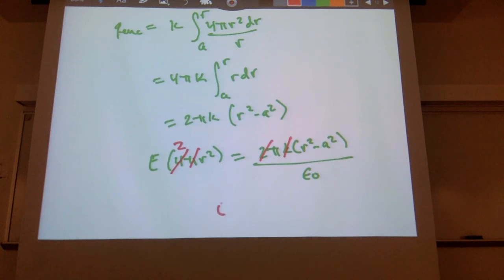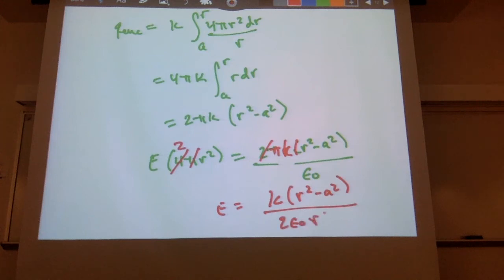So finally what we get is that the electric field then is equal to, I canceled the K instead of the pi. Okay, there you go. So this is going to be equal to what? K times r squared minus a squared divided by 2 epsilon naught r squared. So this is my electric field anywhere inside of this spherical shell.